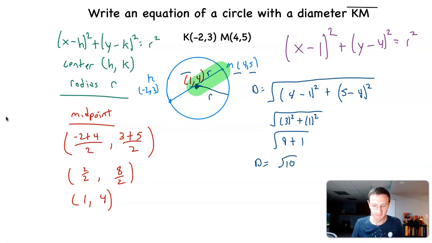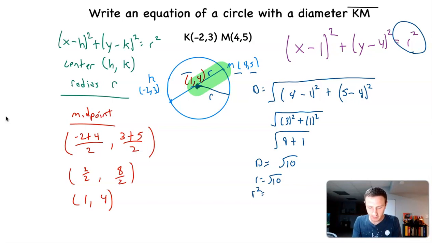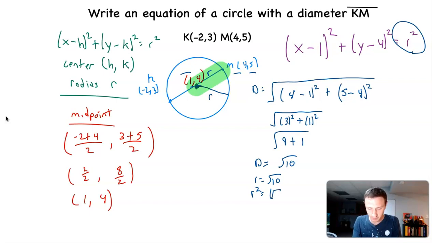So that's r. R is the square root of 10, because we just figured out that the distance is the square root of 10. Now, the formula isn't calling for r, is it? No. It's calling for r squared. So we have to take the square root of 10 and square it, so that is going to be 10.